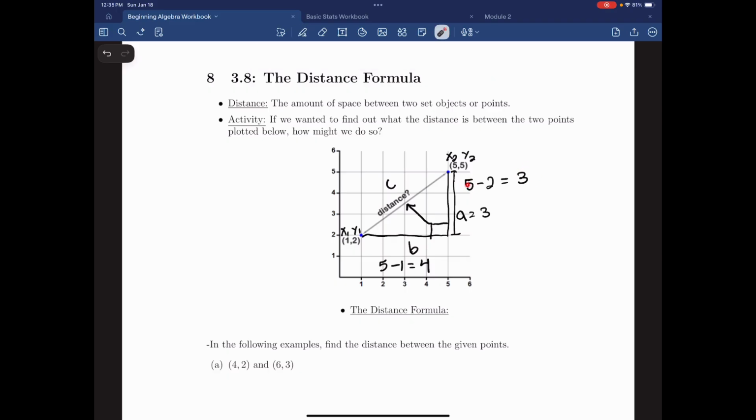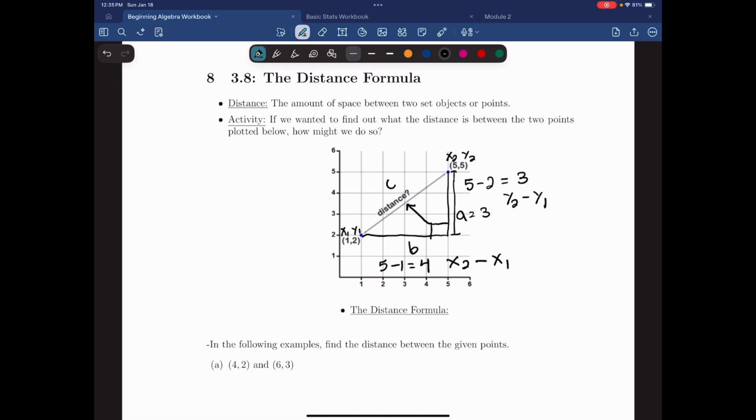Well, we took y2 and subtracted y1. And then down here, we took the x2 value and subtracted the x1 value.